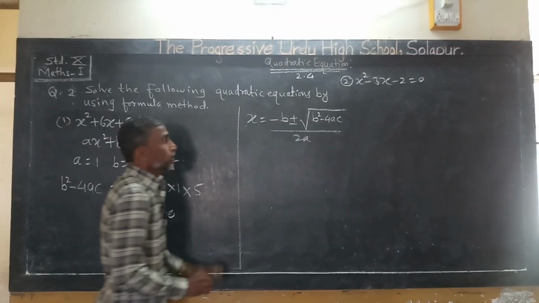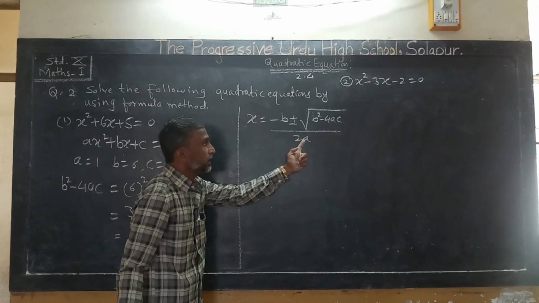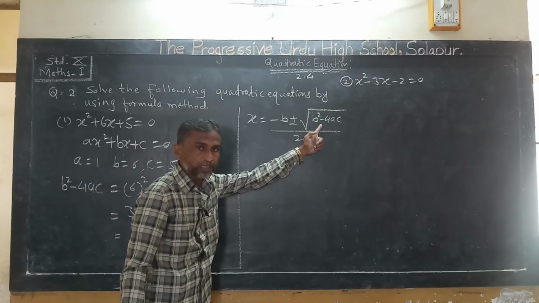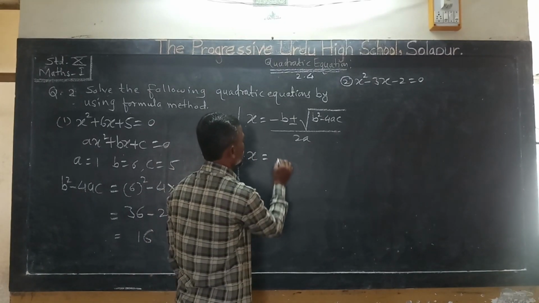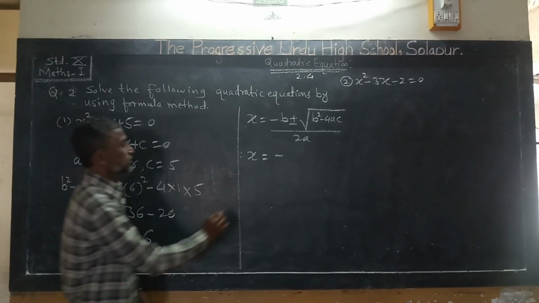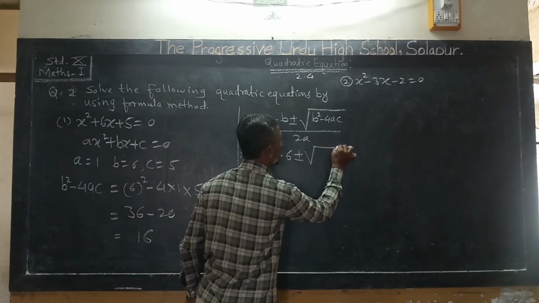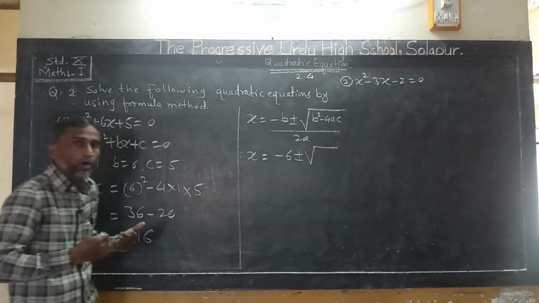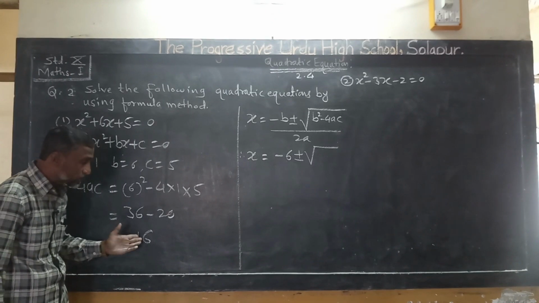Now, substitute the values of b, a and b square minus 4ac in this formula. Therefore, x is equal to minus, as it is, value of b is 6, plus minus under root, as it is. Now, we have already got the value of b square minus 4ac, which is 16.